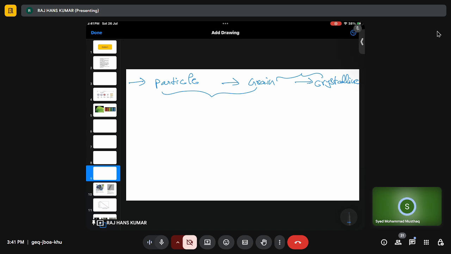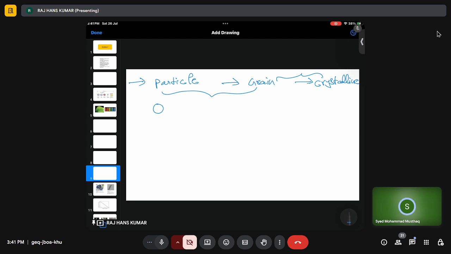For example, if I am talking about material, then my particle can be a grain, right? If I am talking in a material context. Now if I am talking about powder, then my context will change.